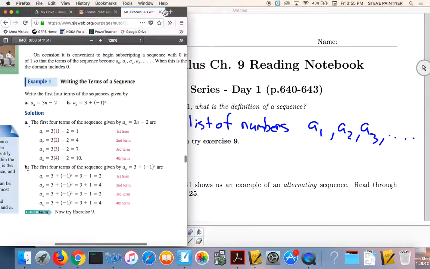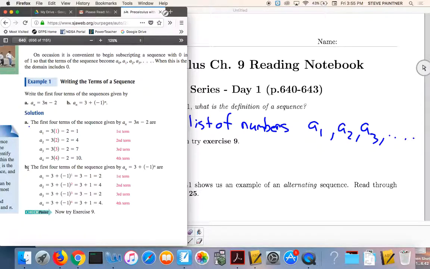Example 1 is just showing you how to write the terms of a couple of sequences. The first sequence it gives you is a sub n equals 3n minus 2. The second is a sub n equals 3 plus negative 1 to the nth power. For each of these, it's writing the first, second, third, and fourth terms.